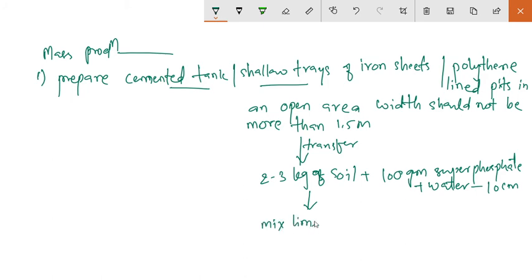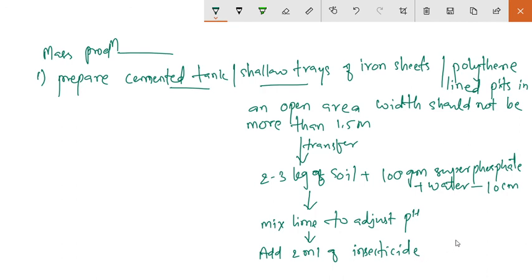Then add 2 ml of insecticide. आता या ठिकाणी हे कशासाठी?